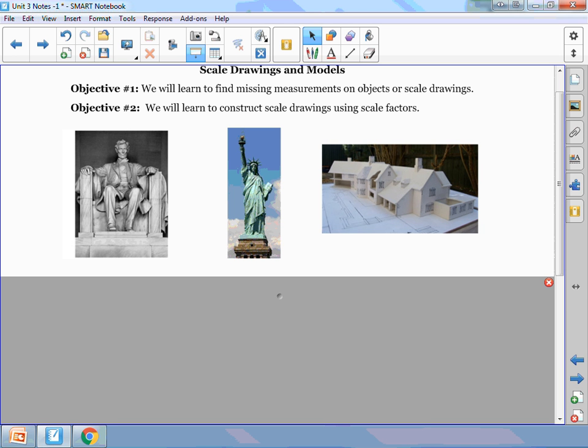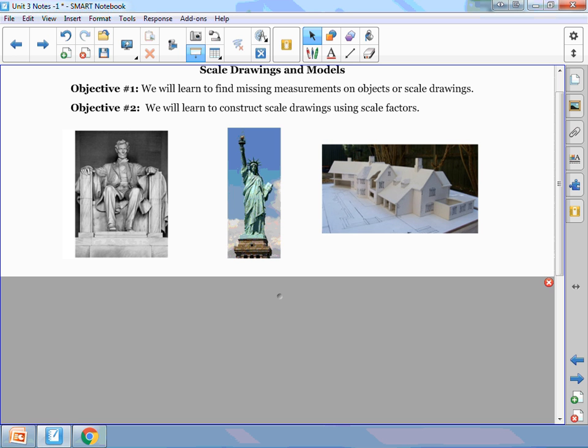It was a gift from France to the United States, but it still represents, based on a scale, the size of, I would assume, a normal woman. There wasn't someone walking around like that. Well, there are people that walk around dressed like that, but it's not modeled after a specific person. The one on the right is a model of a home.